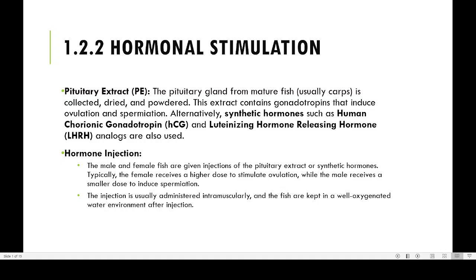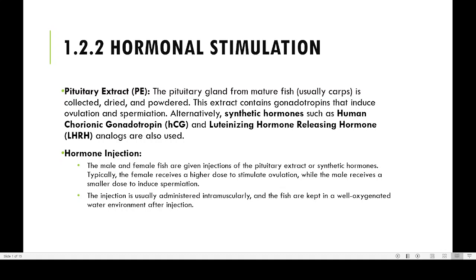Then hormonal stimulation. The pituitary gland from mature fish, usually carp species, is collected, dried and powdered. That is, we kill one fish, collect the pituitary gland from it, dry it, and make a powder from that.